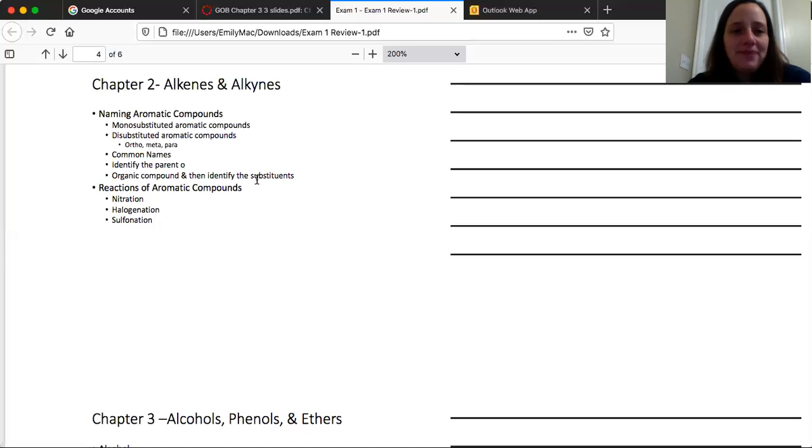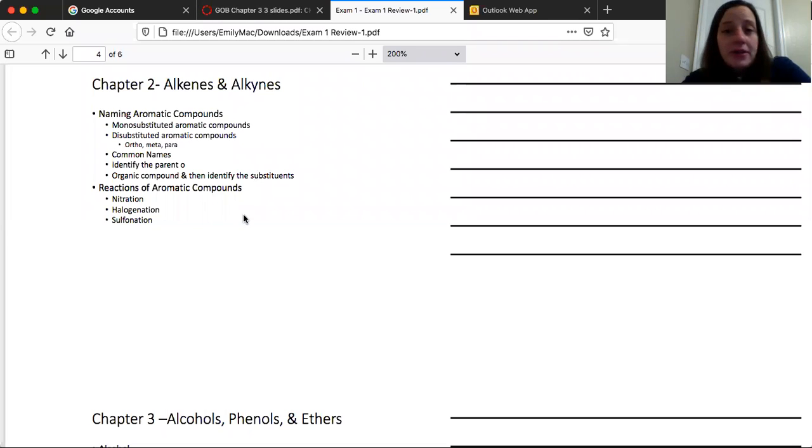Okay, let's see here. Then the reactions: there were 3 reactions for aromatic compounds: nitration, halogenation, sulfonation. So nitration, we were adding the nitro group. Halogenation, we were adding a halogen. And sulfonation, we were adding that weird SO3H group to the benzene ring. Okay, so just be able to do that.